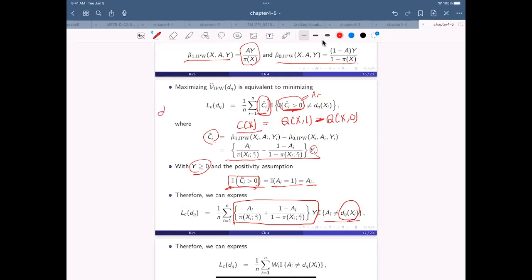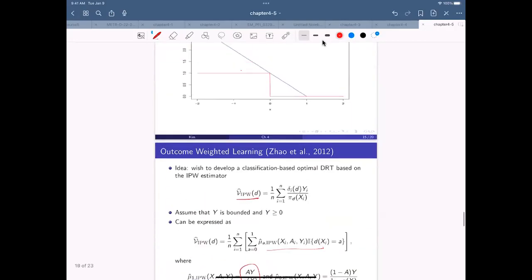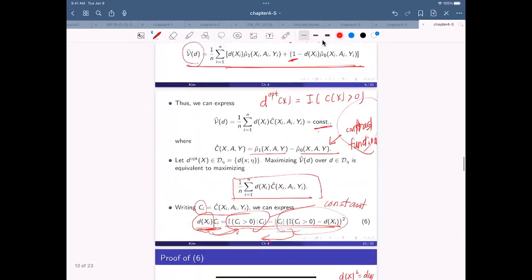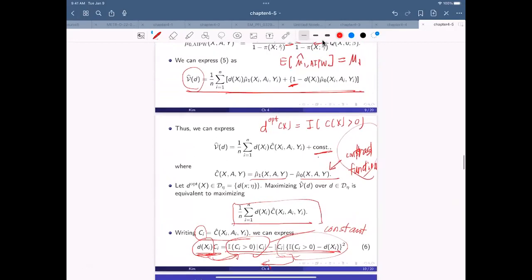And that part is really the only guaranteed one from the theory. So if we use this to construct it and then apply the indicator, we get the optimal DTR. But this one should not depend on A, and the previous one also depends on A. So that means this is not really a contrast, and we shouldn't call this a contrast function at all.